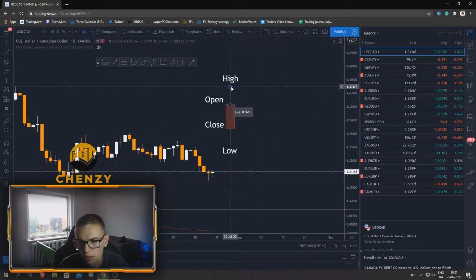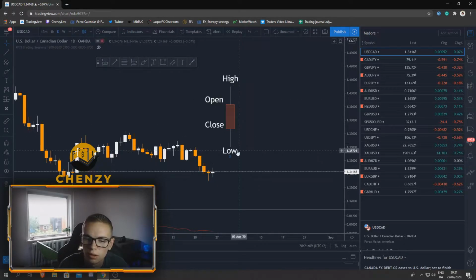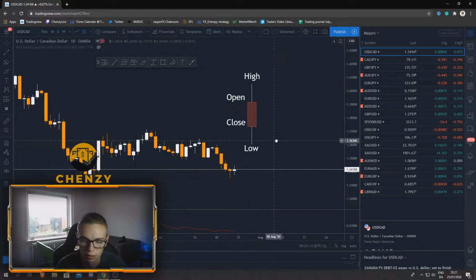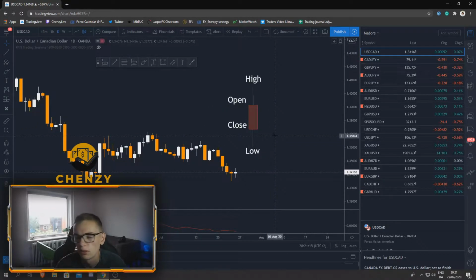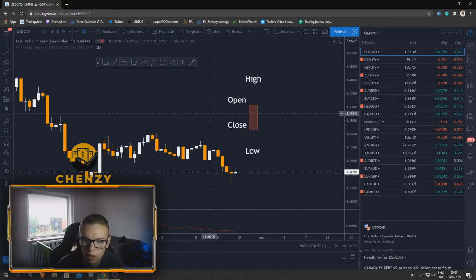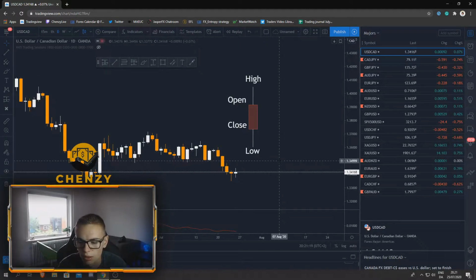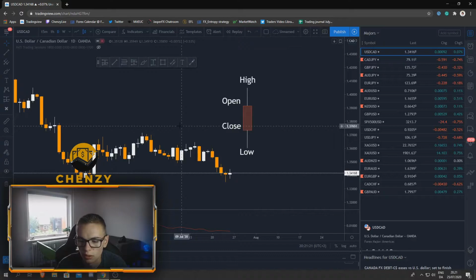And the high is the highest price reached during this candle's life, and the low is the lowest price reached during the candle's life. And for example, if this is a daily candle, the lifetime of this candle is 24 hours, so the high would be the highest price reached in those 24 hours.